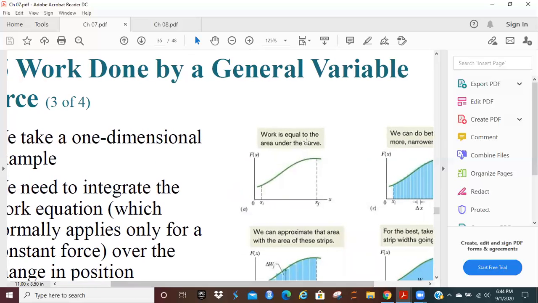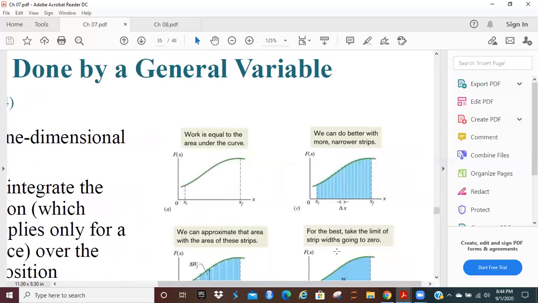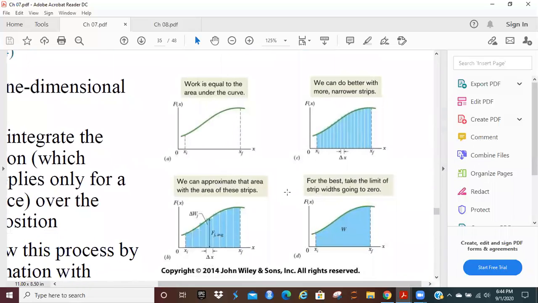And the work is equal to the area under the curve from the initial up to the final. Does any of that look familiar? Yes. Okay. When we integrate force times distance, which essentially is what we've got going on here, when we integrate that area there, then what we're actually finding is the work.